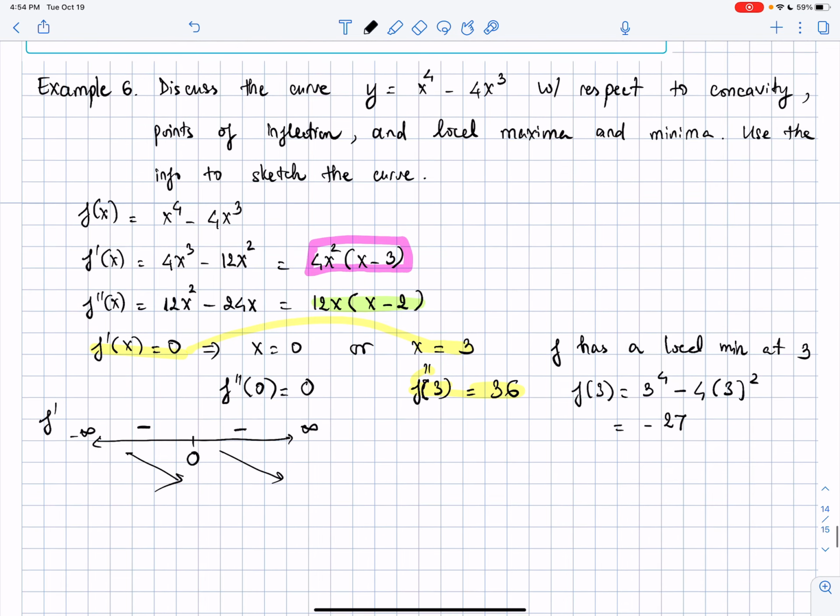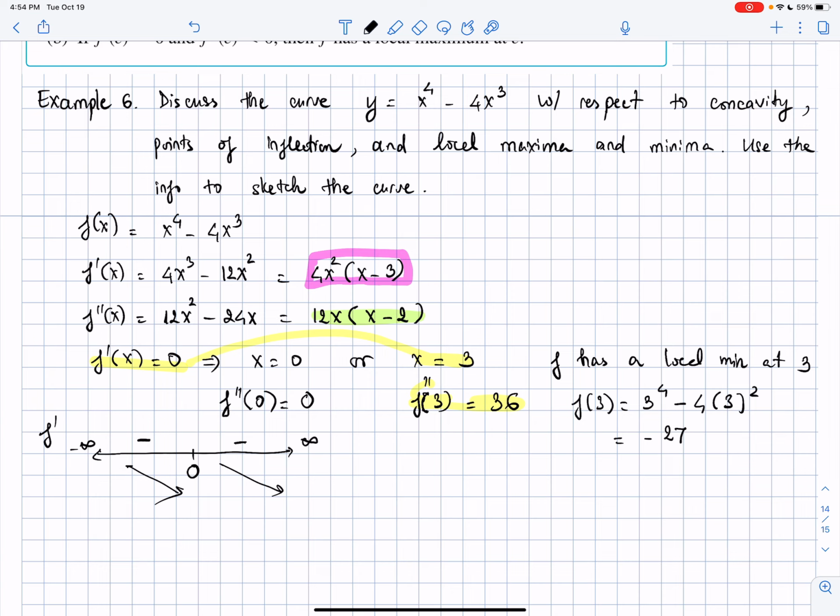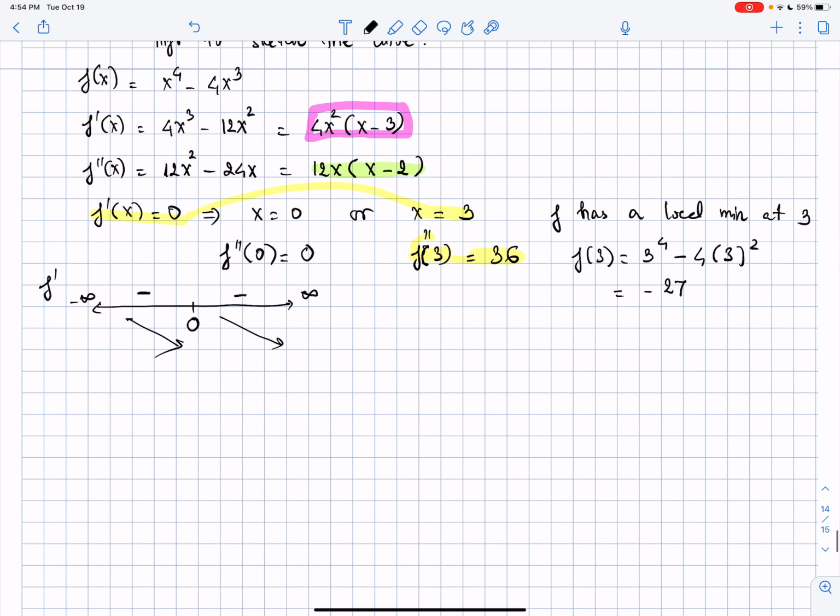So I want to continue talking about the concavity, okay? We recall that we have concave up when f double prime is positive, and when f double prime is less than 0, we have concave down.